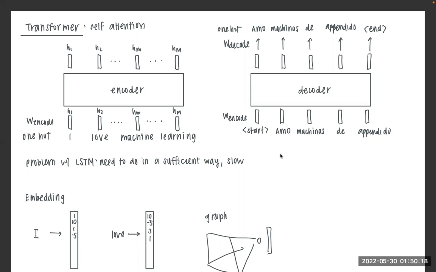And it has also been applied to analyzing other data, for example, protein sequence or for protein folding and a lot of other applications. So it is a very important neural network architecture.